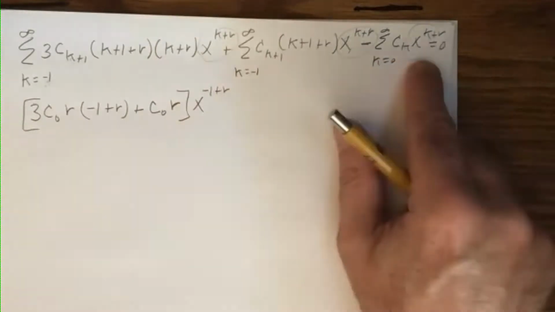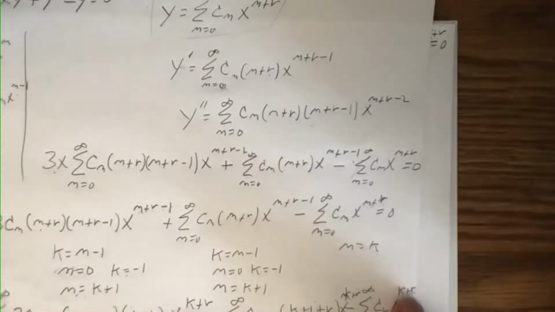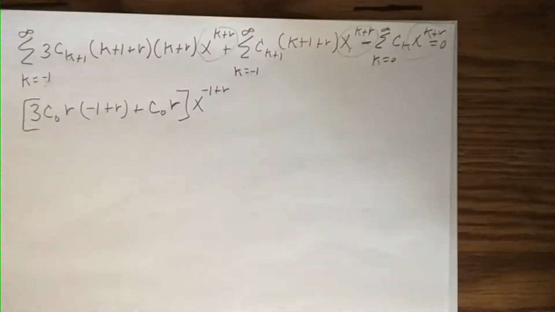No, we don't change that. We already have what we need there, just like the last time. We're only changing the indices on this and this. We want all of these to be the same, so we're not changing that. Oh, I see, okay.